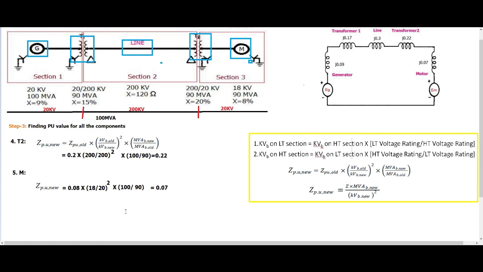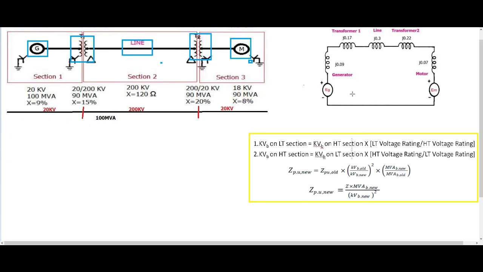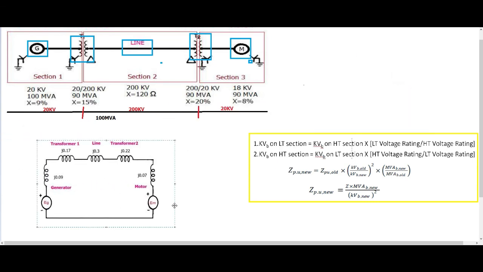Then we have to draw the impedance diagram. I have the final diagram here itself. This is the impedance diagram. We know the equivalent circuit for the generator.